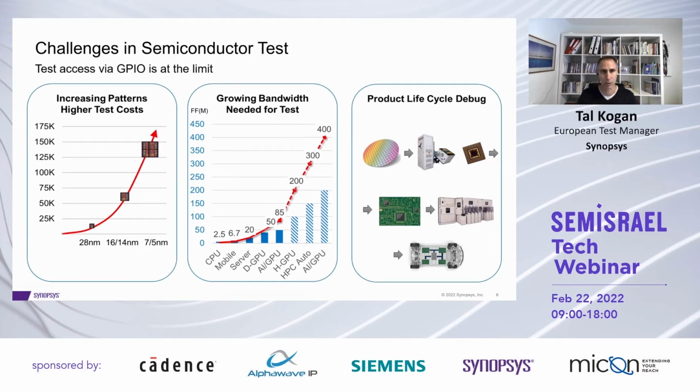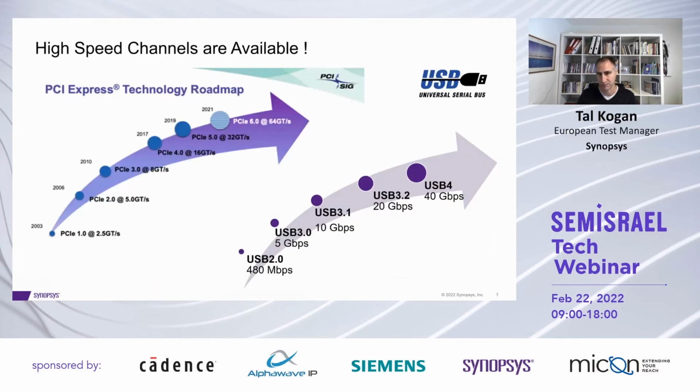Now, what do we do about all that? So one solution might be to leverage the fact that we do have high-speed channels available on most of the SoCs today, whether it's USB or PCIe, which are capable of carrying very high bandwidth.